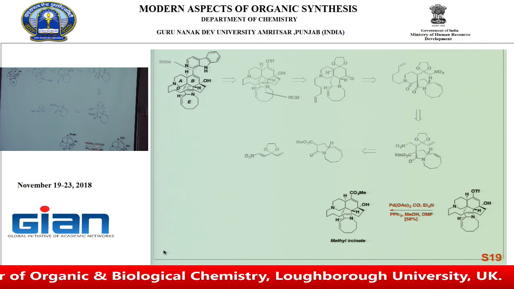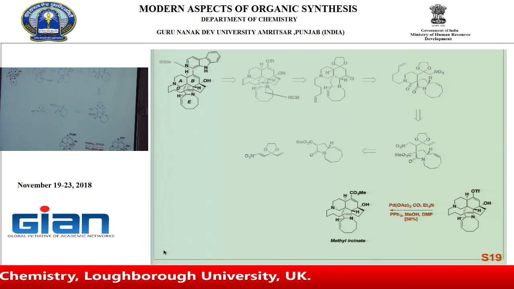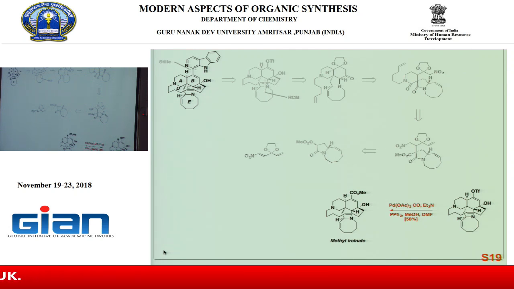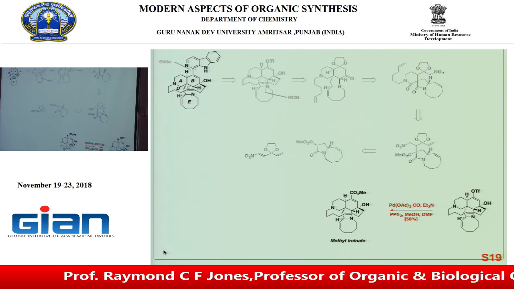If you do the coupling in the presence of carbon monoxide and methanol, you can actually get that to go through the palladium acyl derivative that you get with the carbon monoxide, which then reacts with methanol.